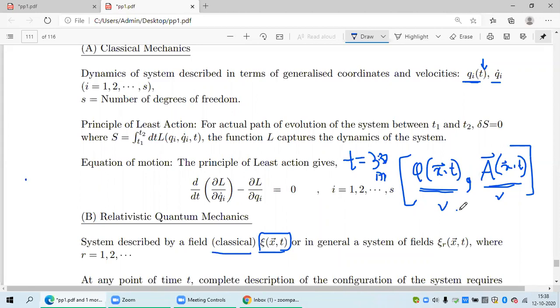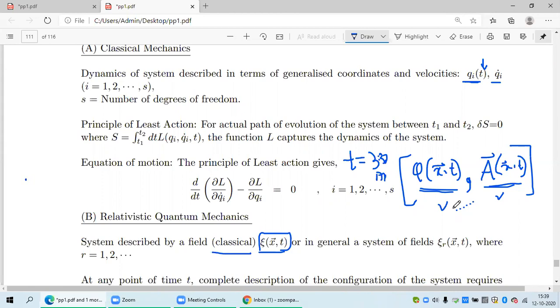At this point, next point, and next point, you can say this is contained in the form of the function, but we are not taking the form of the function. What we are trying to do is take a system described by a field and do a Lagrangian formulation of it.